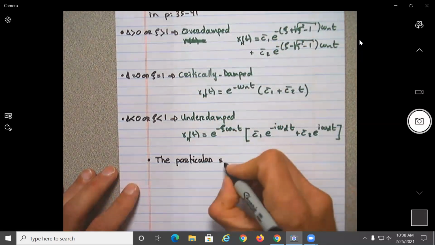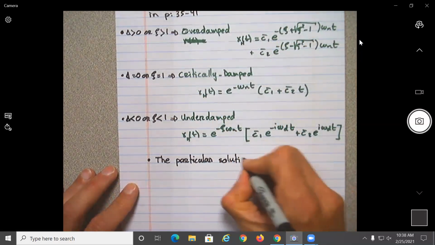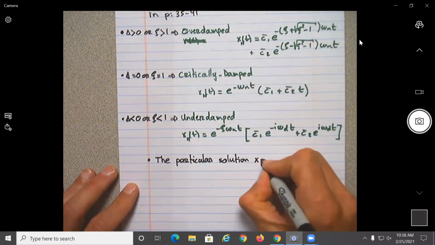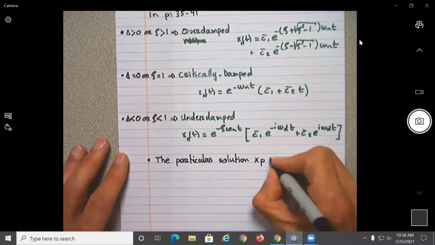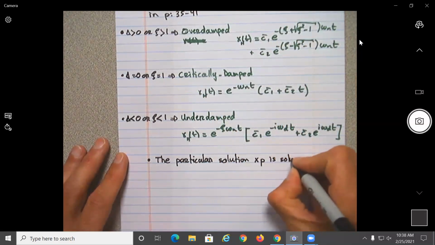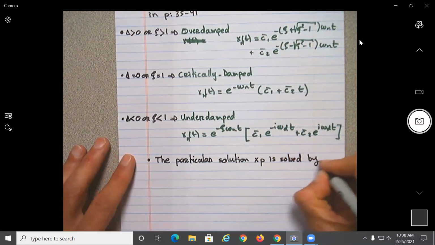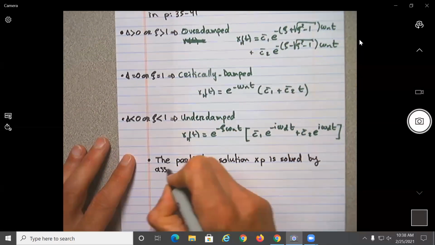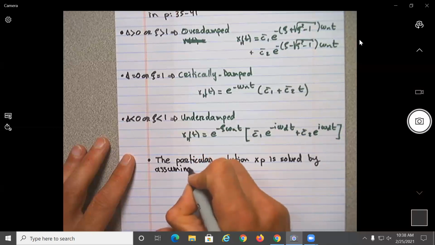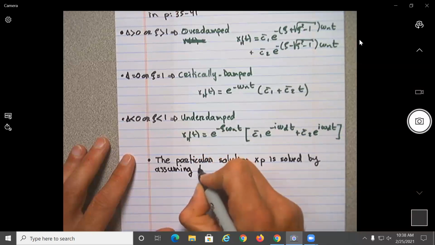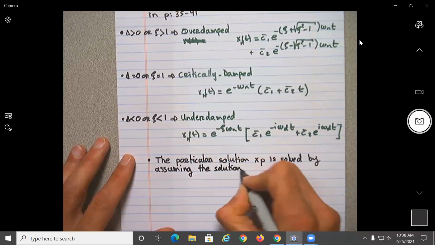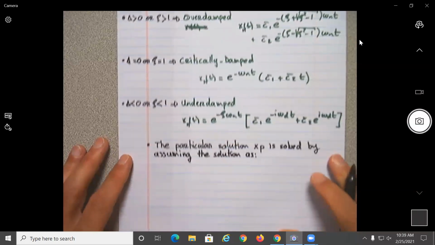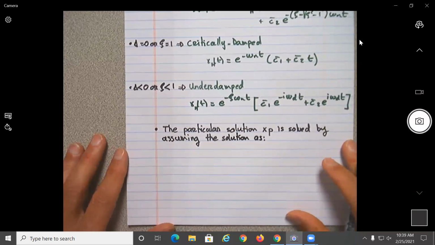The particular solution, x of p, is solved by assuming the solution as. So basically, it's the same thing that we did before.